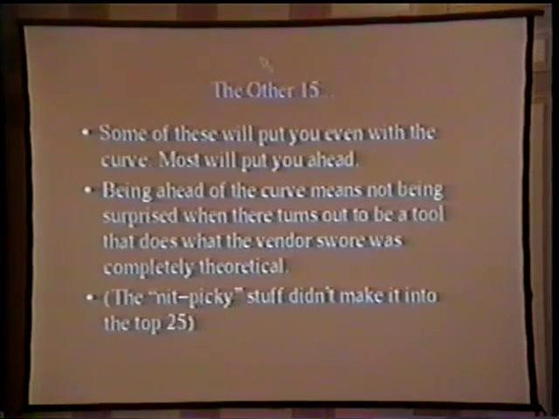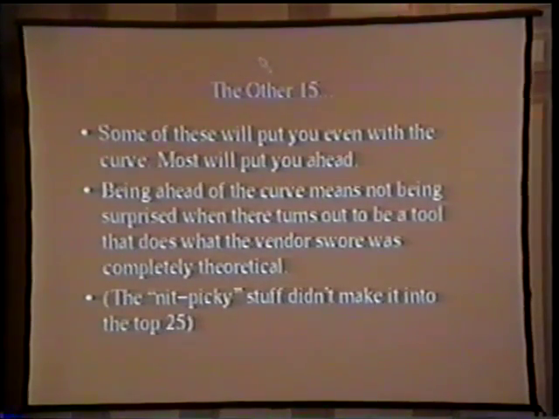And as I said, there were some other things on the list that didn't make it into the top 25. Personally, I believe that if there's a way to authenticate it, do it. For example, there's a way to authenticate NTP. That did not make it into the top 25. The nitpicky stuff got pushed off the end.